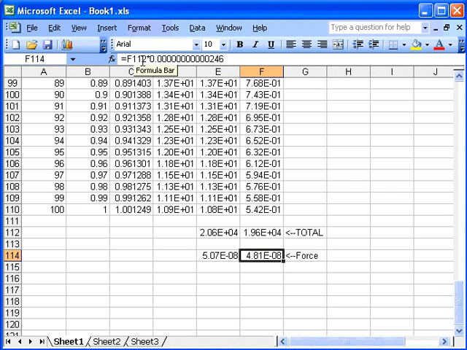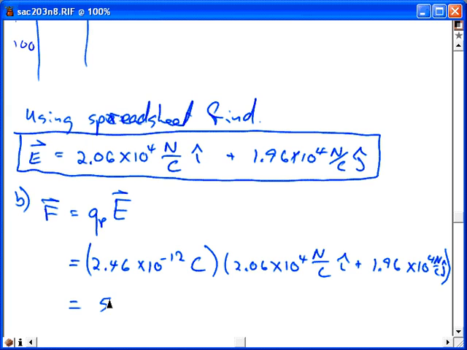Verify it's F112, which is this thing. Actually, if I click on it, it highlights it. Times the 2.46 times 10 to the minus 12. Okay, so I'm getting 5.07 times 10 to the minus 8th plus, for the x component, 4.81. And the coulombs cancel, so I do have newtons times I. 4.81 times 10 to the minus 8th.